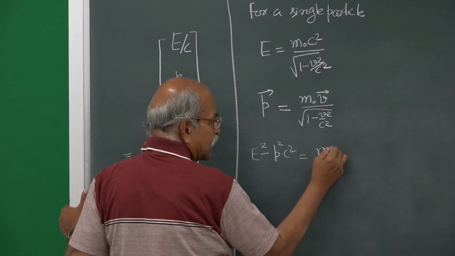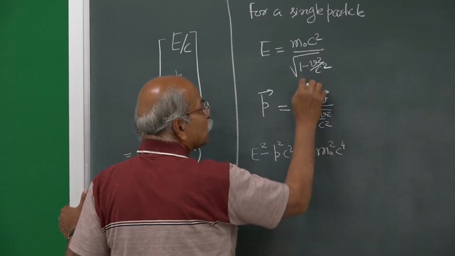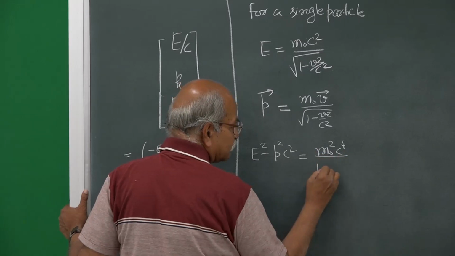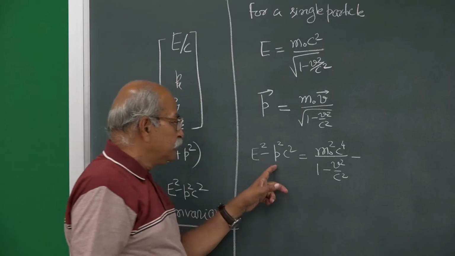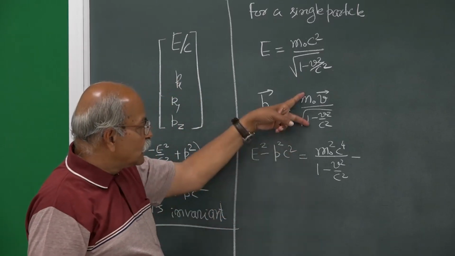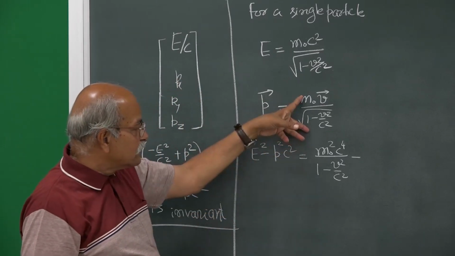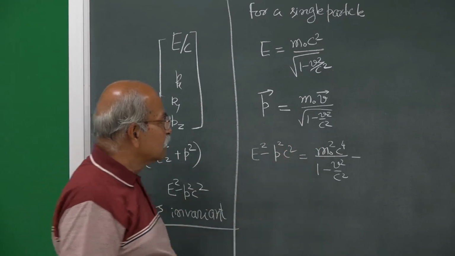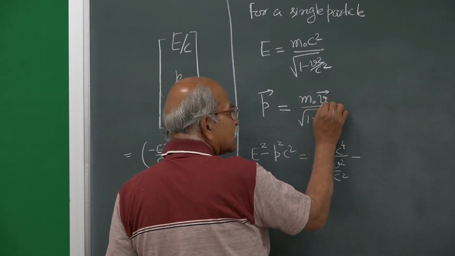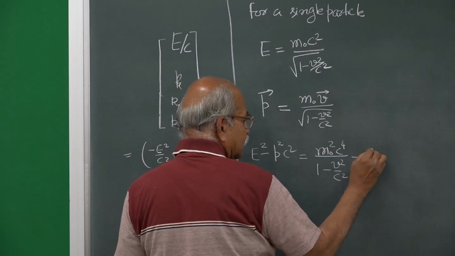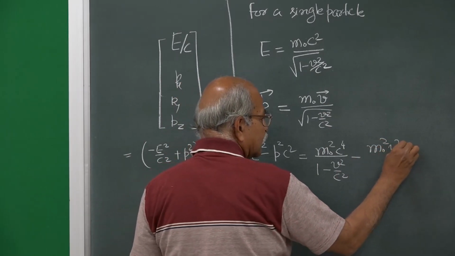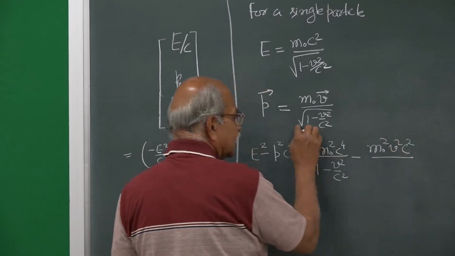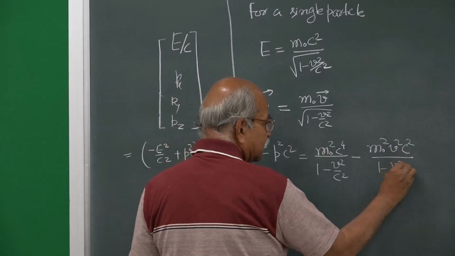So m naught square c to the power 4 divided by 1 minus V square by c square, and then minus P square c square. So square this, magnitude square this, and multiply by c square. So it is m naught square V square c square, divided by 1 minus V square by c square.